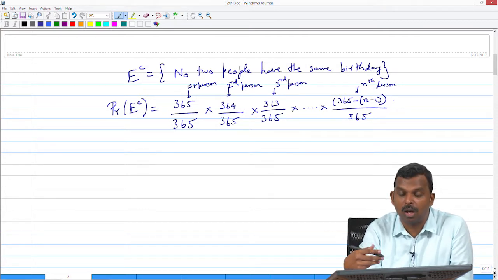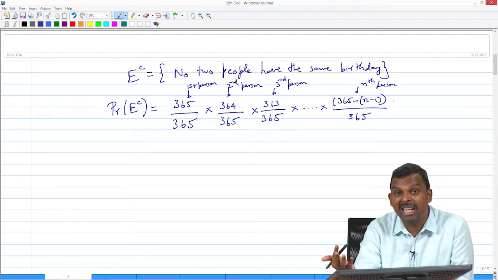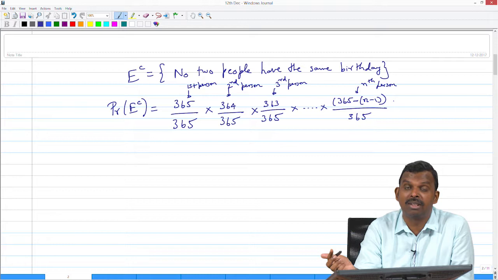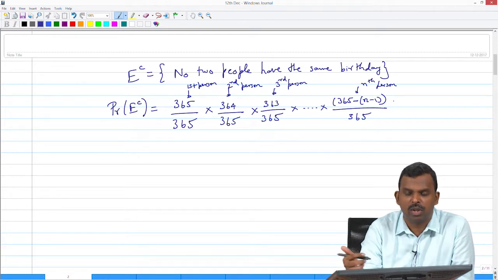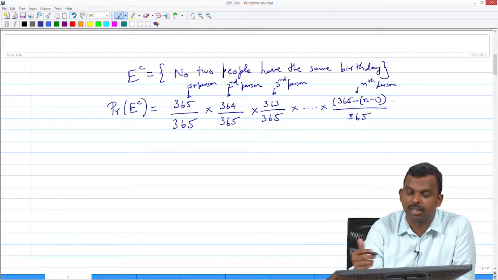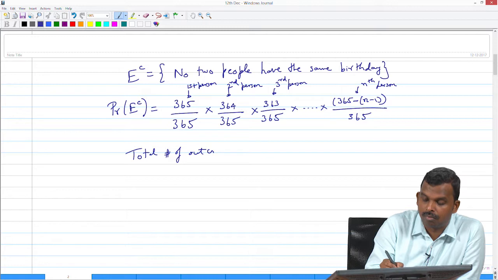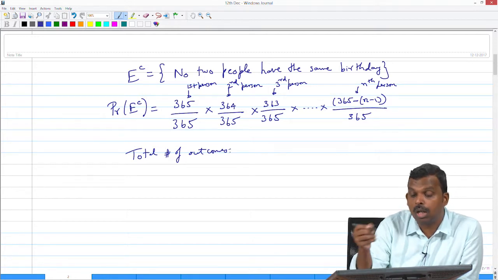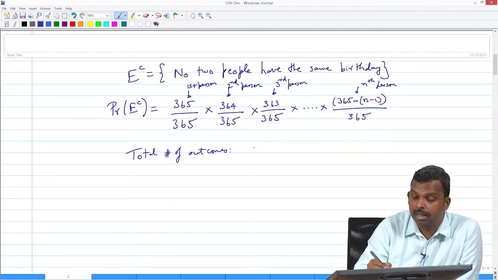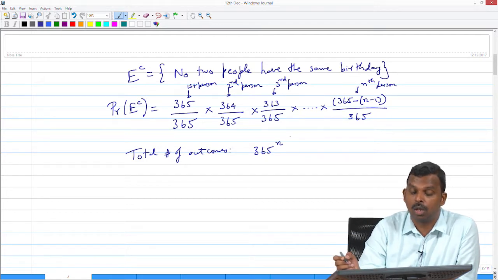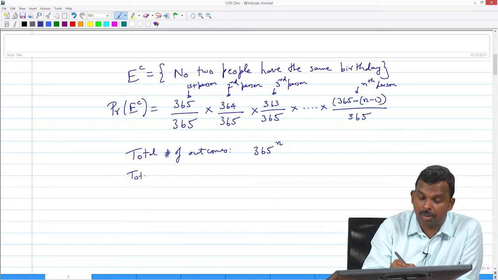Think about how conditional probability and independence together help you build up the probability for this event in a very simple manner. You can also do it in so many other ways. For instance, you can look at the total number of outcomes. The total number of possible birthdays for n people is 365 to the power n. So, that is the total number of outcomes. What is the total number of favorable outcomes?